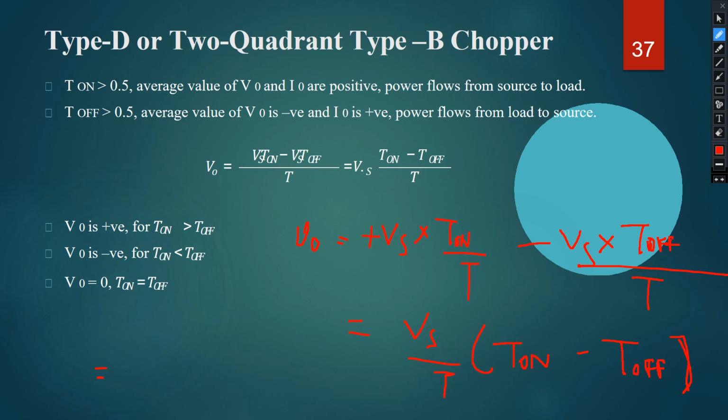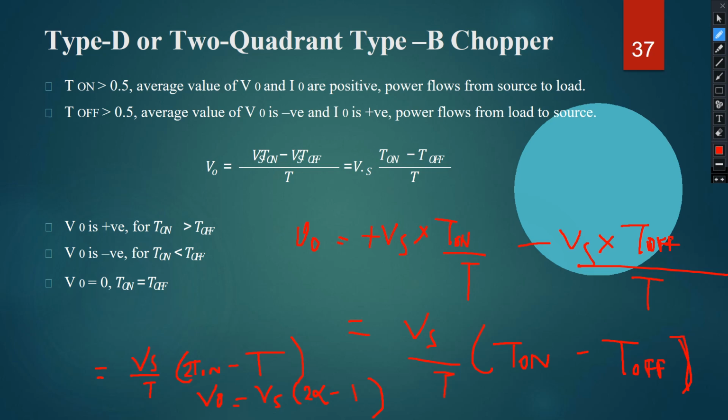So now if you simplify Vs by T, into T on minus T off, Vs is equal to 2 alpha minus 1, that is equal to V0.